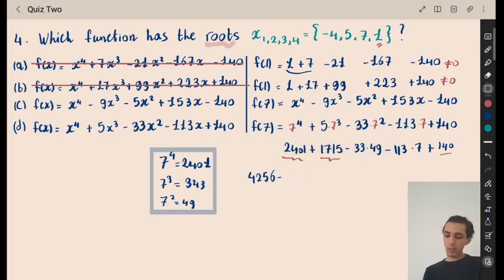Well, I'm too lazy, so instead of computing 33 times 49, I'll compute 33 times 50. 33 times 50 is 330 times 5, which is 3,300 divided by 2, which is 1,650. Yeah, so that's the value I'm taking away.